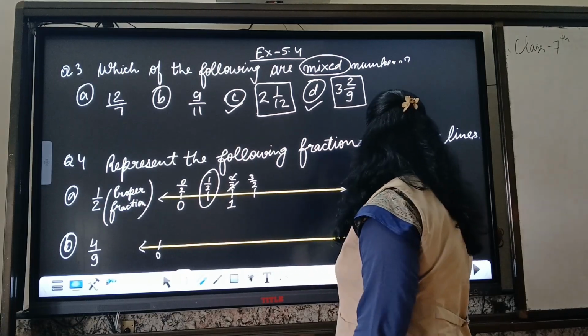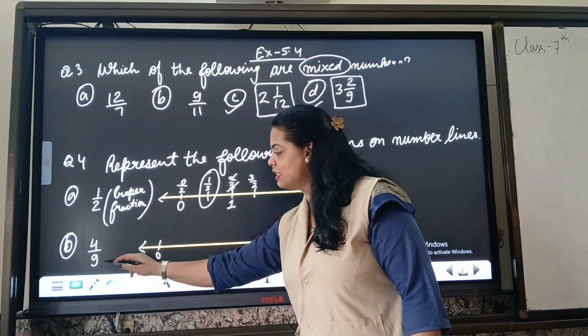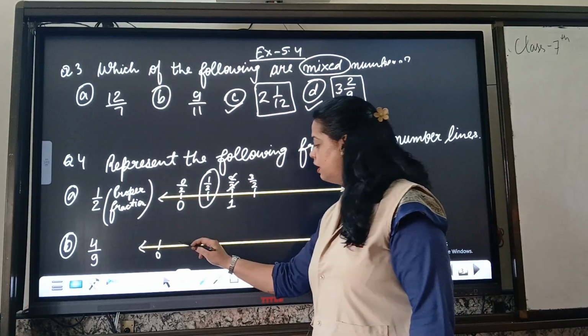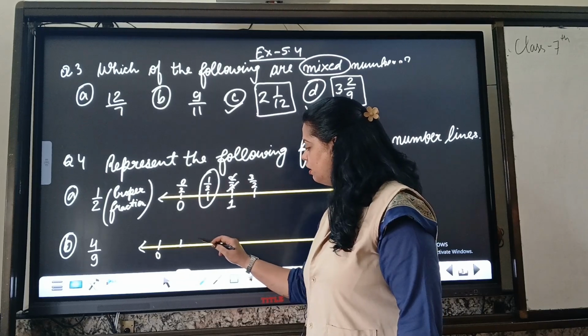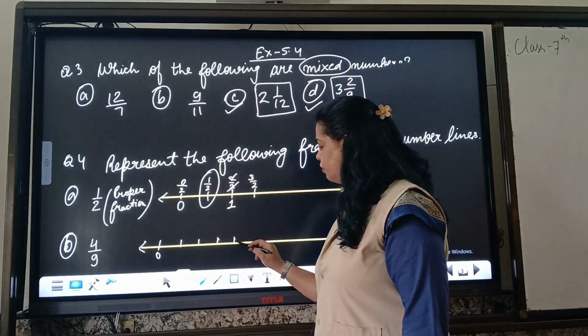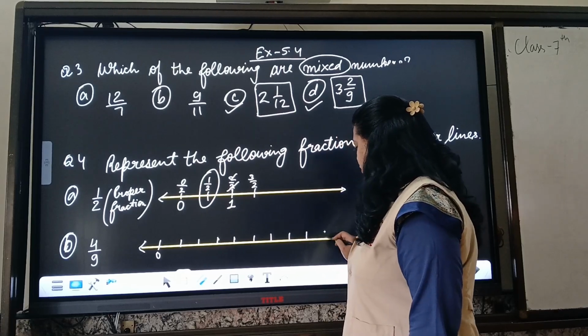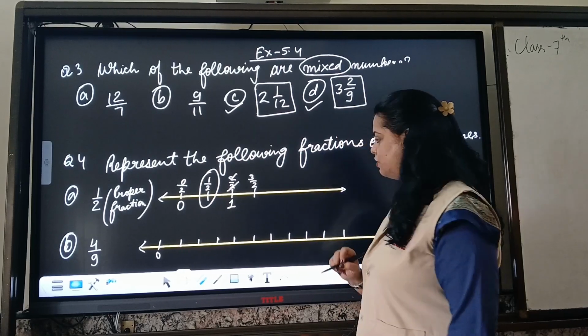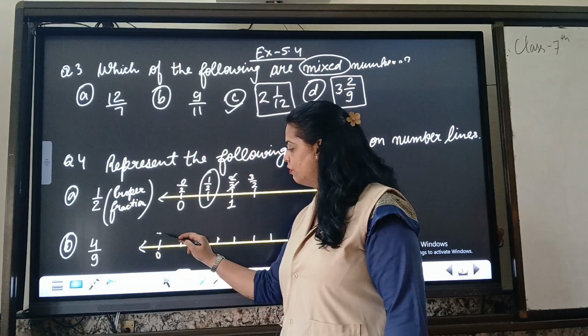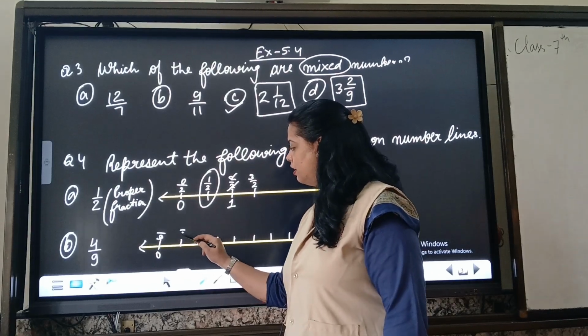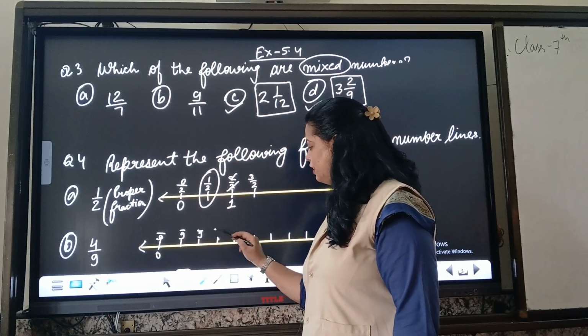Zero, and here at equal distance I will draw some line segments. 1, 2, 3, 4, 5, 6, 7, 8, 9, and 1 is extra I am taking. So, this one will get denominator 9. Everywhere I will write the same denominator.